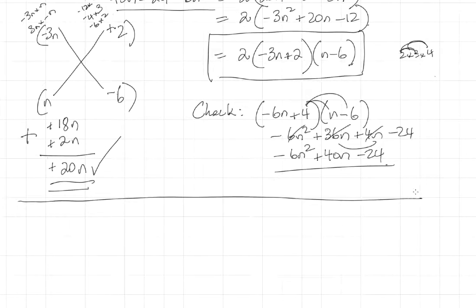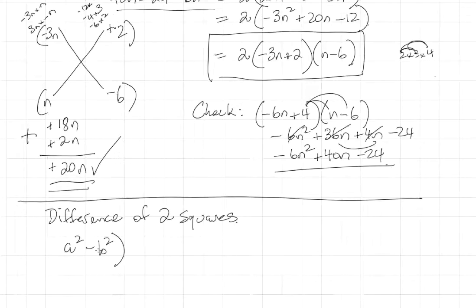There are some special ones that you should be aware of, and that is the difference of 2 squares. So if you've got a squared minus b squared, now that's quadratic in a and b. You've got a squared and b squared. There is no using the cross method there.